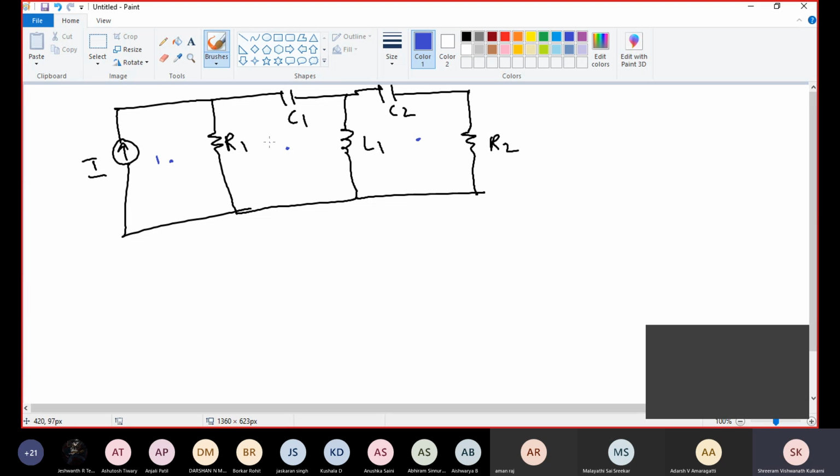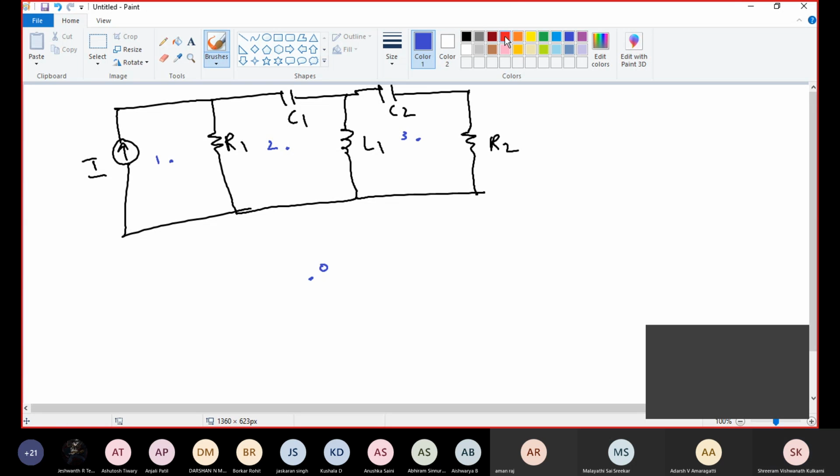Node 1, node 2, node 3. Next step, one reference node. Yeah, one reference node. Going to mark it as 0. 3 loops are there, 3 nodes, one reference node outside the network.